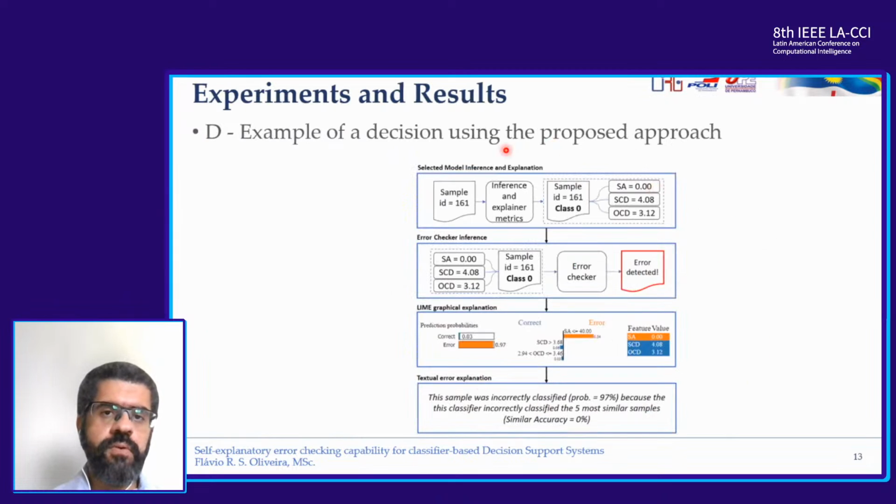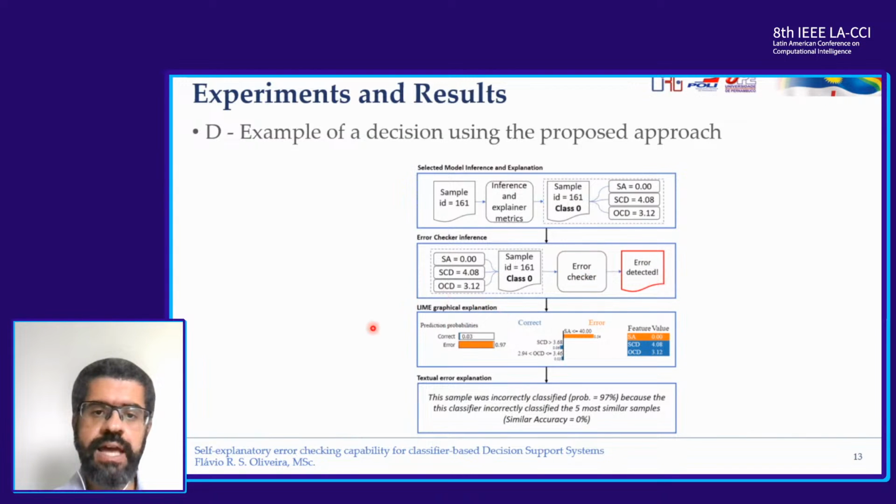This is an example in graphical form of one single inference using our approach. For example, one instance was subject to a given classifier, was classified as class 0, let's suppose sick patient, and all these explanatory metrics were calculated here in the first part. In the second part, this evaluation of patient sick with these explanatory metrics was subject to the error checker, and an error was detected.